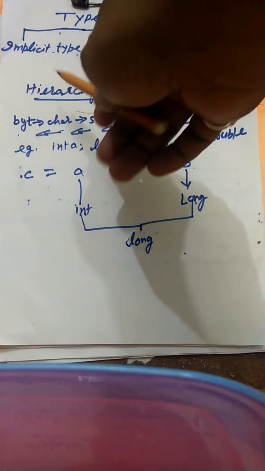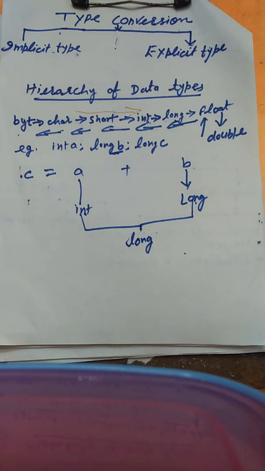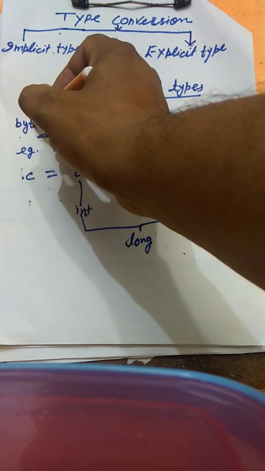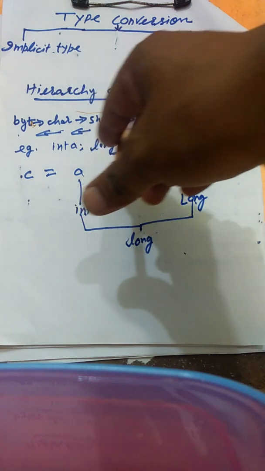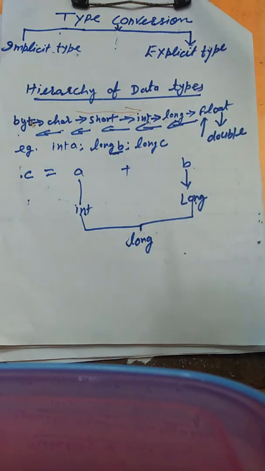For example, this is the hierarchy of the data types. The smallest unit of the data types is byte, and then character, then short, then integer, then long, then float, and then double.